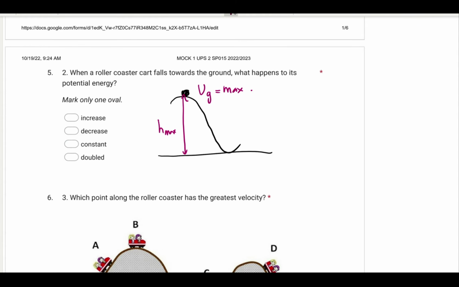Kalau semakin tinggi, semakin besar H, UG dia akan maksimum lah, since UG is directly proportional with the height. So what happen when the cart falls towards the ground? Kalau dia towards to the ground, means that height dia akan berkurang. Height dia semakin berkurang, so the potential energy also decreasing. So very easy, so the answer is B.